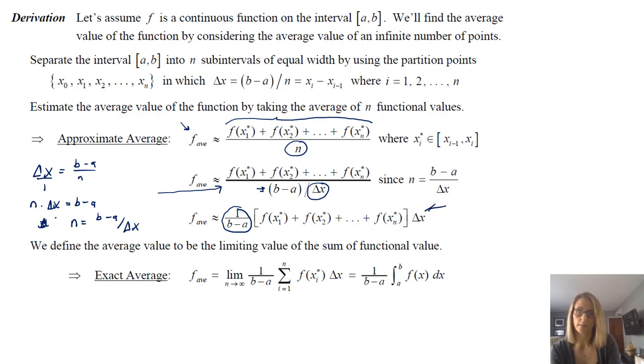So you get this, and then the idea is if you add up an infinite number of those, that would be this integral right here. So that's just the derivation of it, not the full-on proof, but where it comes from.